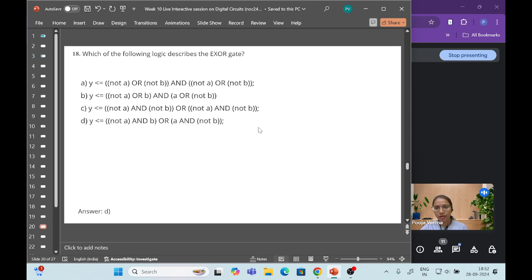So moving to the next question. Which of the following logic is described by an XOR gate? So what is the expression for the XOR gate? Anyone can answer in the chat box, please try to answer.